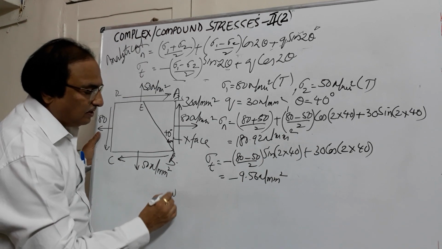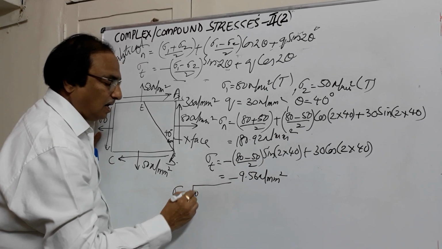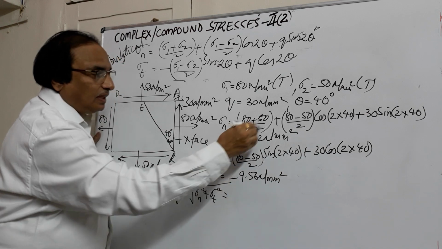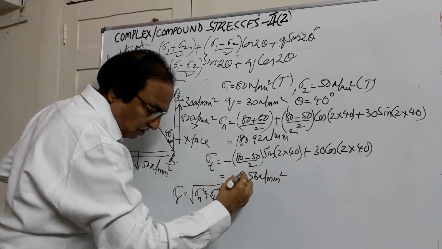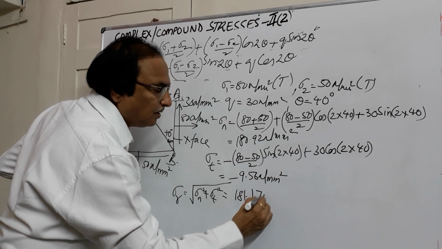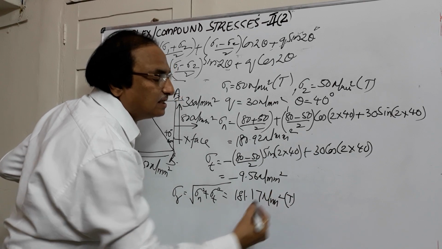You can find out the resultant stress by using the formula sigma r equals under root of sigma n square plus sigma t square. If I simplify this, you get sigma r equal to 181.17 Newton per mm square. It is positive, which means it is tensile in nature.